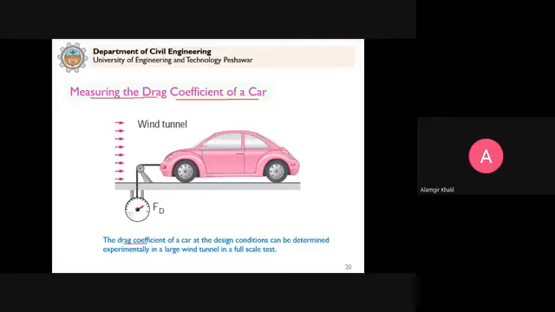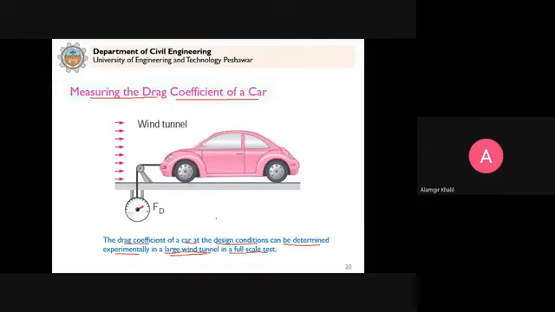The drag coefficient of a car at the design conditions can be determined experimentally in a large wind tunnel in a full-scale test. So what we can do here is that we have wind tunnels. Clear? These are large wind tunnels where models and prototypes of cars, trucks, aeroplanes are tested.